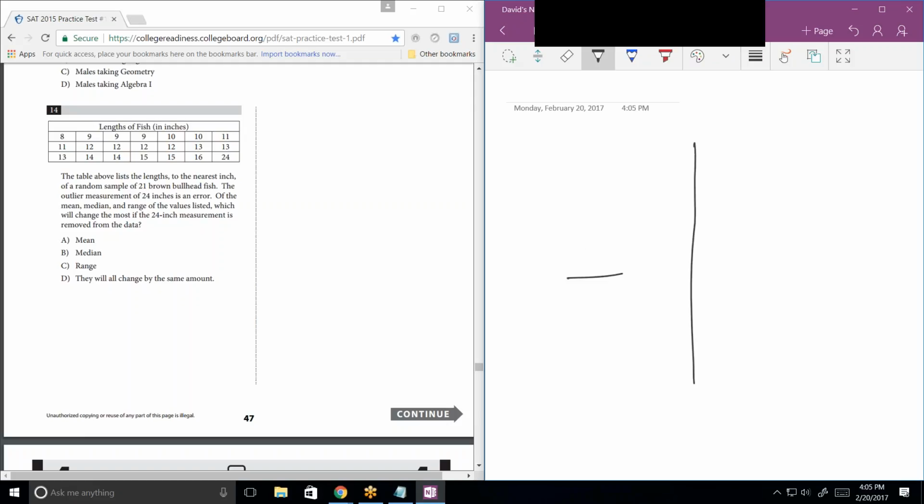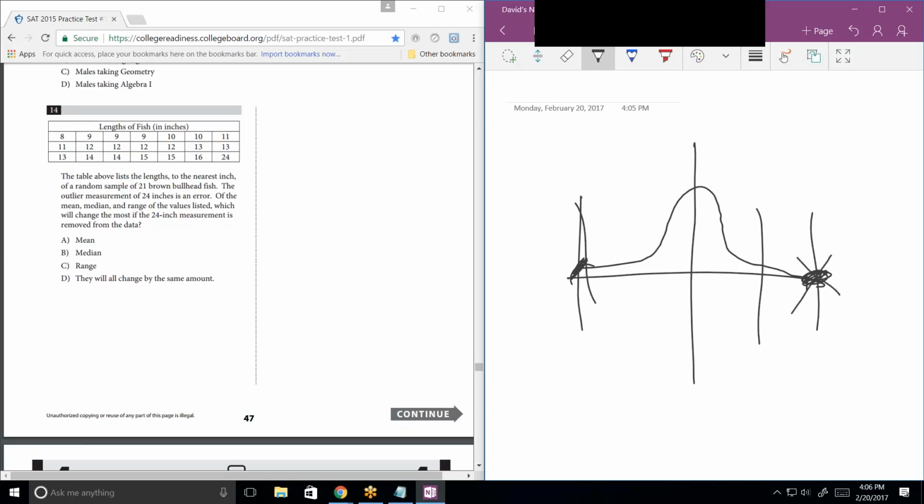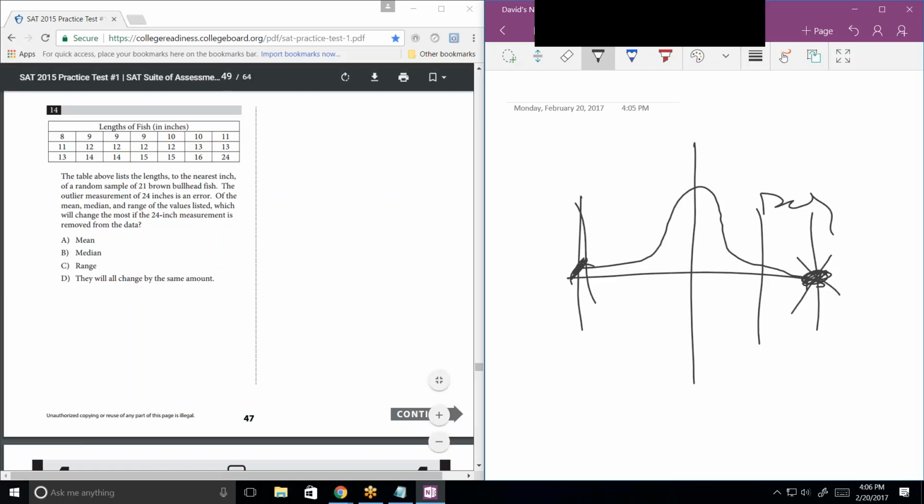Outliers, if you look at everything as a normal distribution curve, outliers are way out there or way down there. So if I eliminate an outlier, the range doesn't go from this point to this point. It goes from that point now to that point, especially if it's an outlier that's really a long ways away. So the range definitely gets affected by that amount there. They will all change by the same amount. No, they won't.